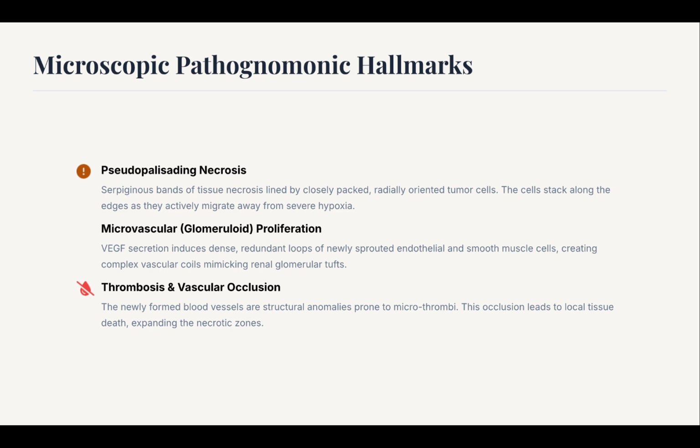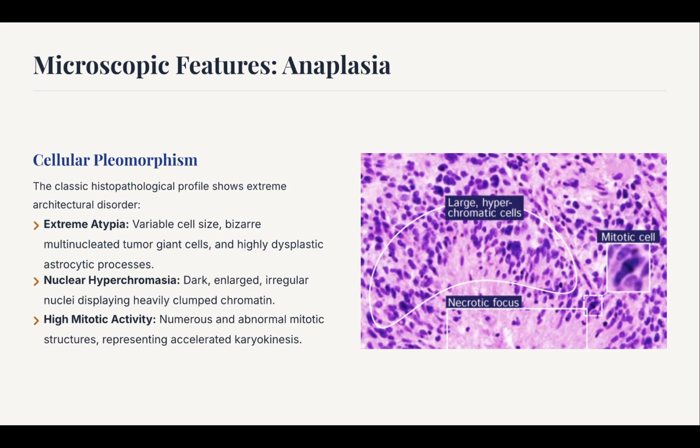This happens due to VEGF secretion, which induces dense redundant loops of newly sprouted endothelial and smooth muscle cells, and thrombosis and vascular occlusion, where the newly formed blood vessels are structural anomalies prone to microthrombi. This occlusion leads to local tissue death, expanding necrotic zones.